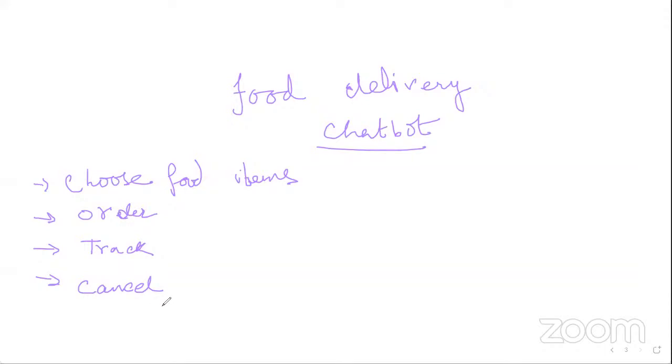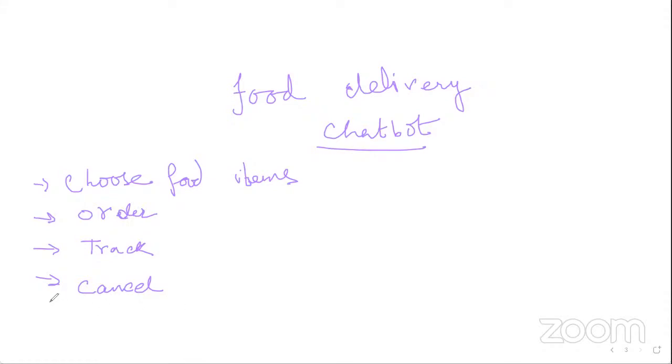So cancellation is not always available, but typically you can cancel at an initial stage, say once the food has not yet been accepted by the restaurant, right? So order, track, cancellation.